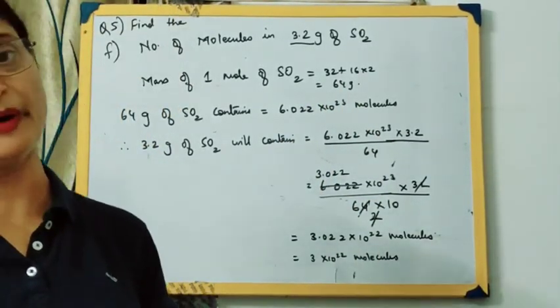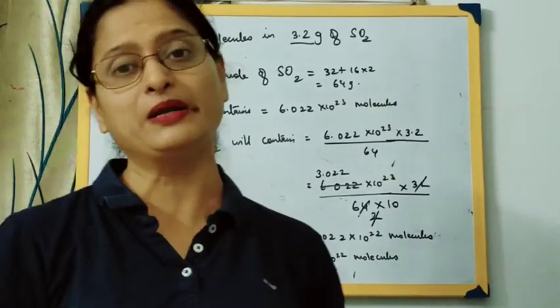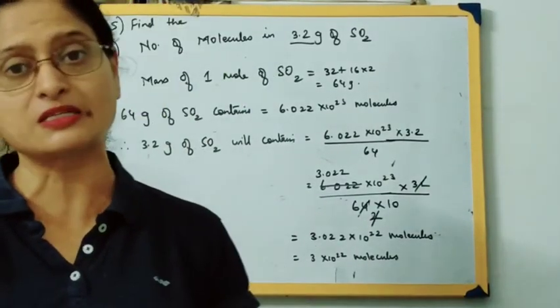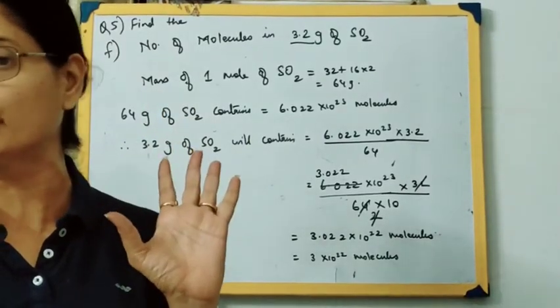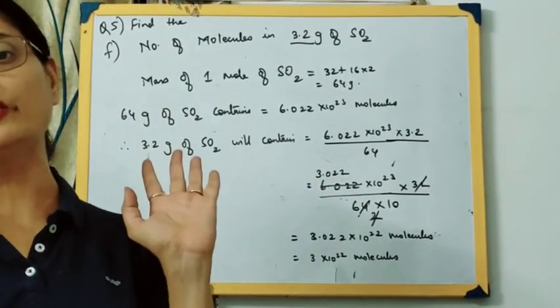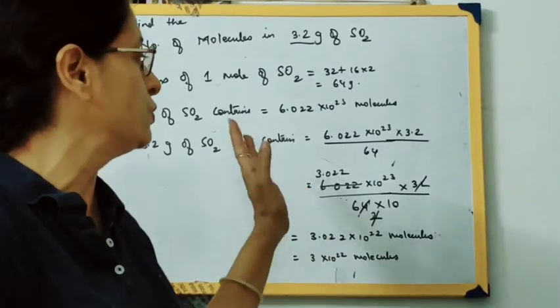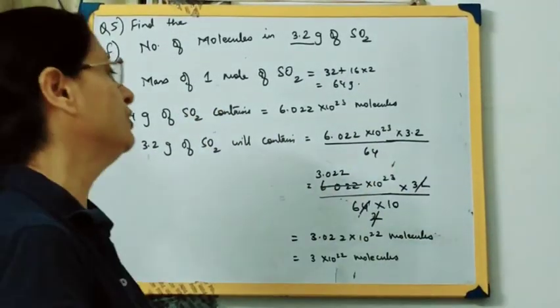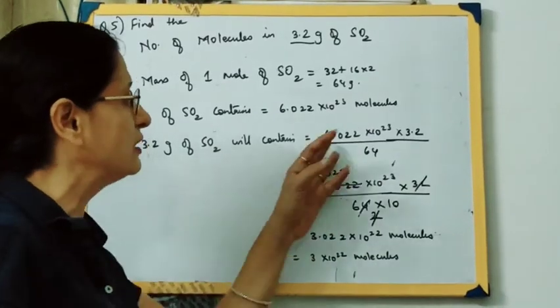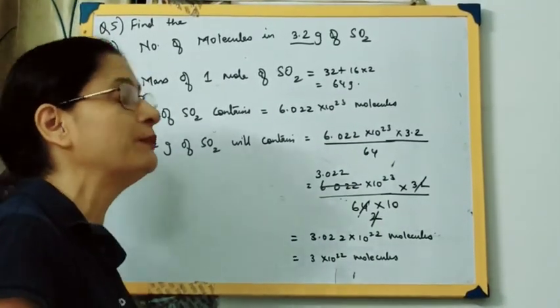Whatever value of Avogadro's number is given in the question paper, you should be taking that first. Whatever value they have given you, you will use that for the calculation. If they have not given it, then you follow the textbook, where it has been given as 6.02 into 10 to the power 23.